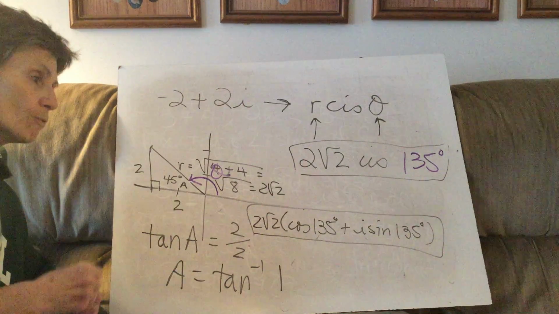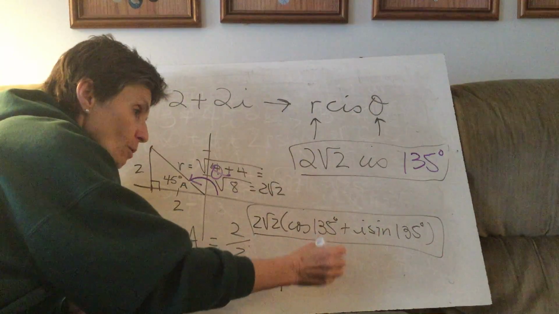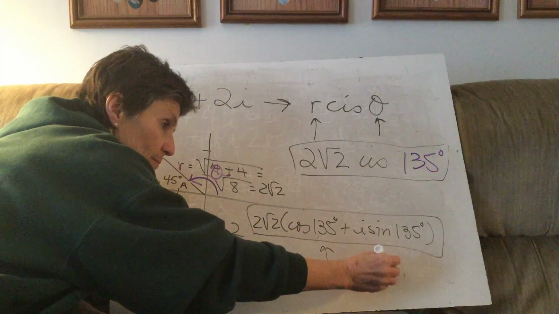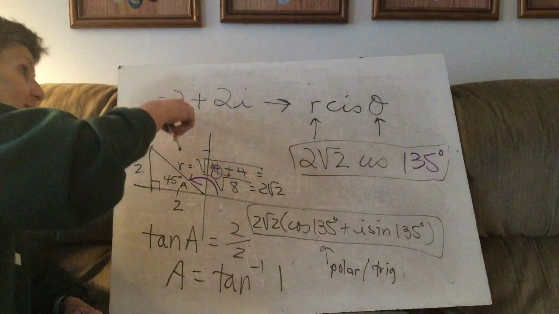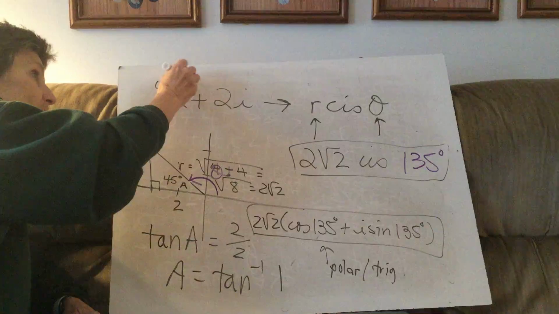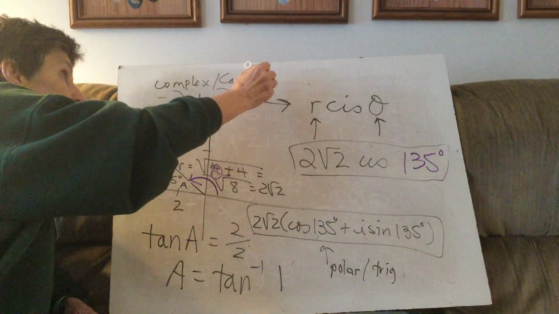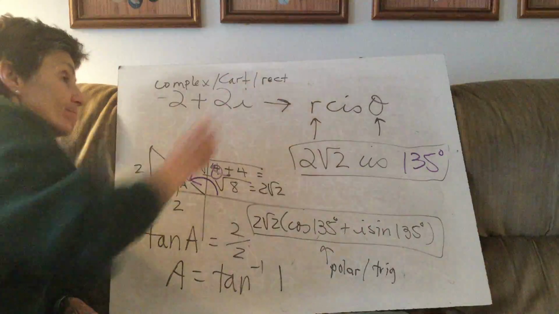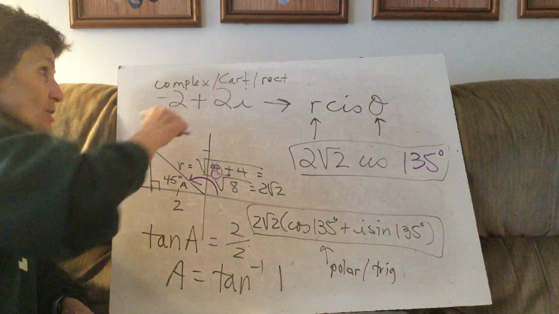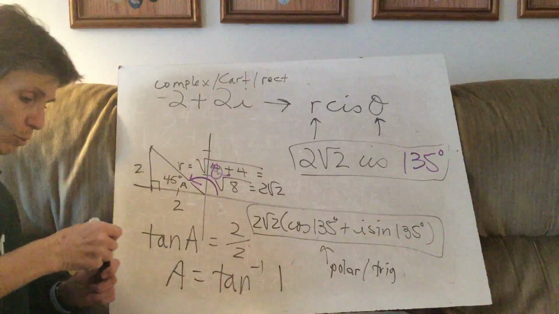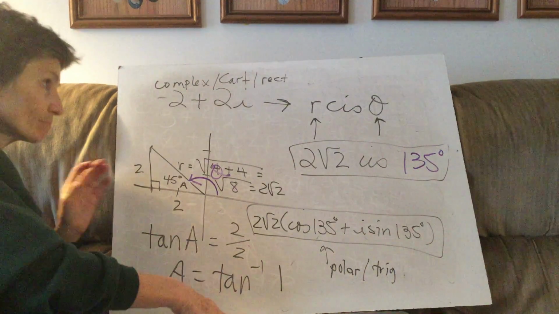Both are polar form. This is called polar form or trigonometric form. This is called complex form, original problem complex, Cartesian, or rectangular. We're changing from complex, Cartesian, rectangular into polar or trigonometric.